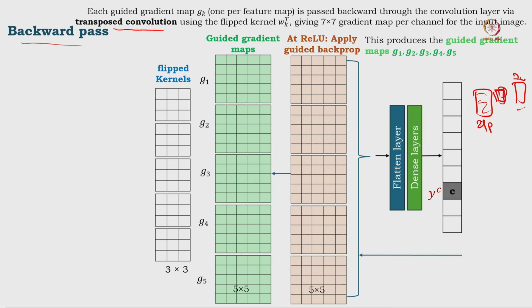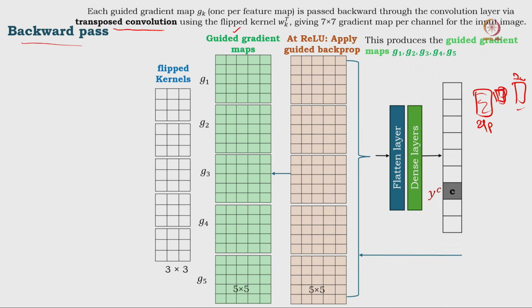Yes, this is what happens in the forward pass. But in the backward pass, what you have obtained is a guided gradient map. Onto this, you are going to apply the flipped kernel. What do we mean by flipped kernel? You rotate all the values by 180 degrees and you get one matrix. That is the flipped kernel.